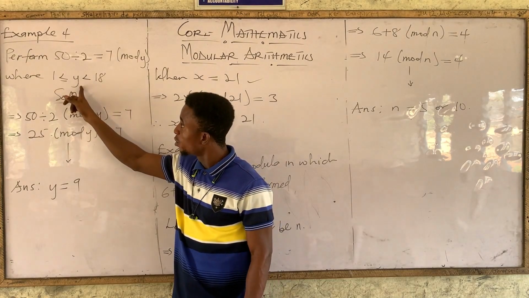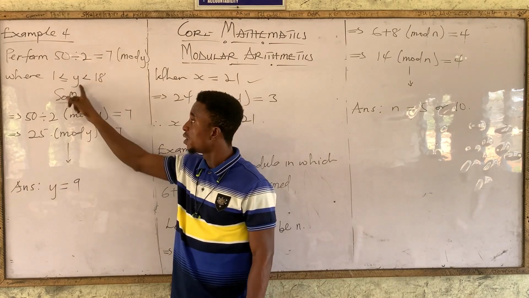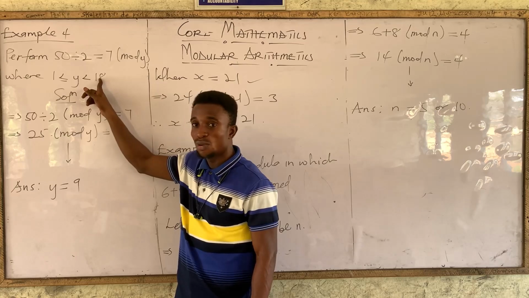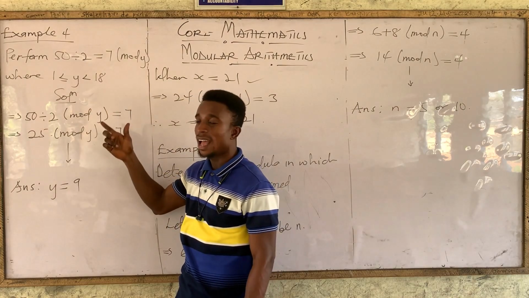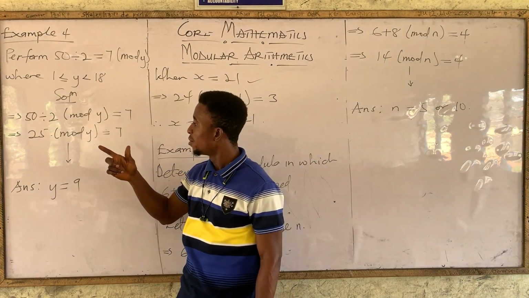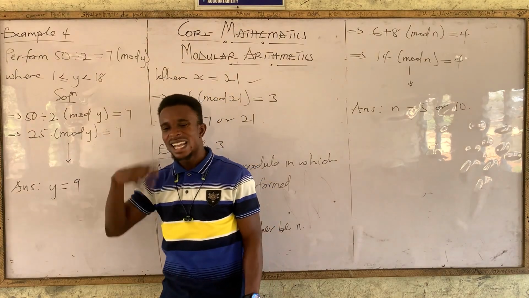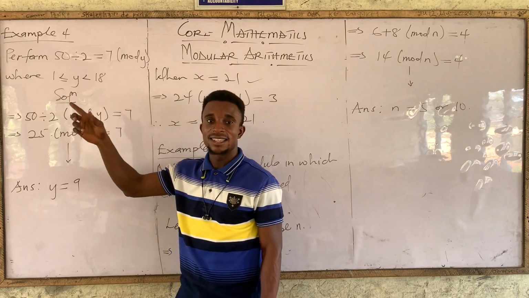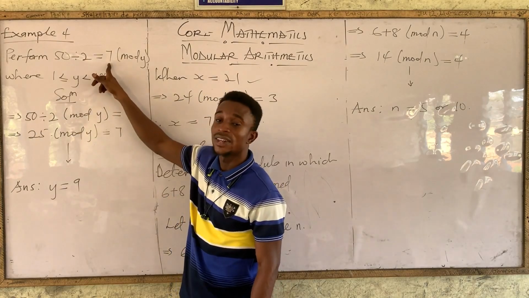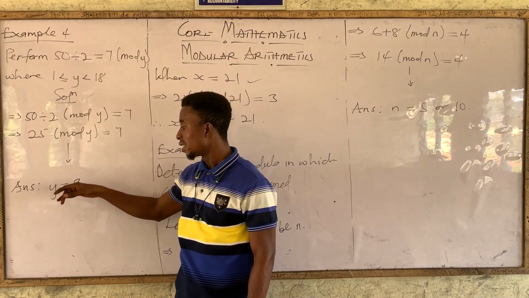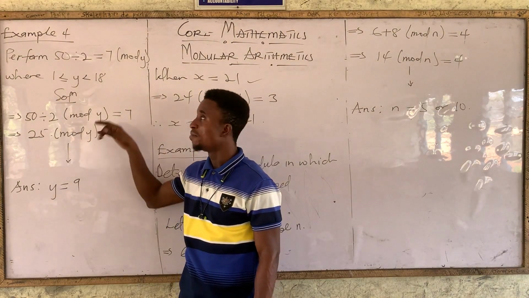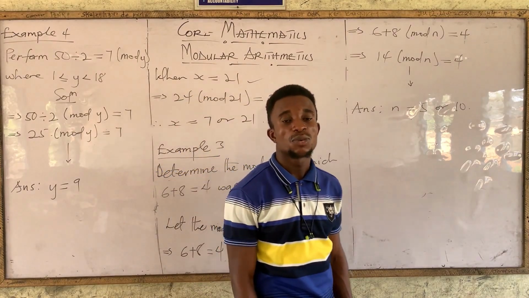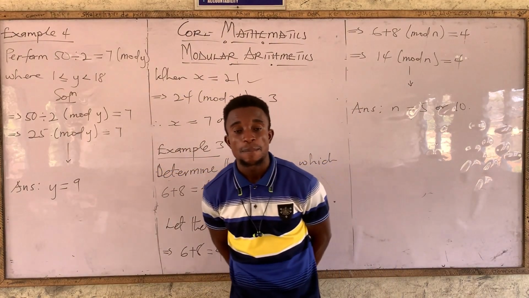Here they excluded 18 as a value for y. 18 will be a factor, because we are going to subtract this one from that. After you put 18 inside the statement, that one too will give you 7. So you are going to say 9 and 18. But now, because of this condition, the 18 wouldn't work. Are we okay? So that is that.